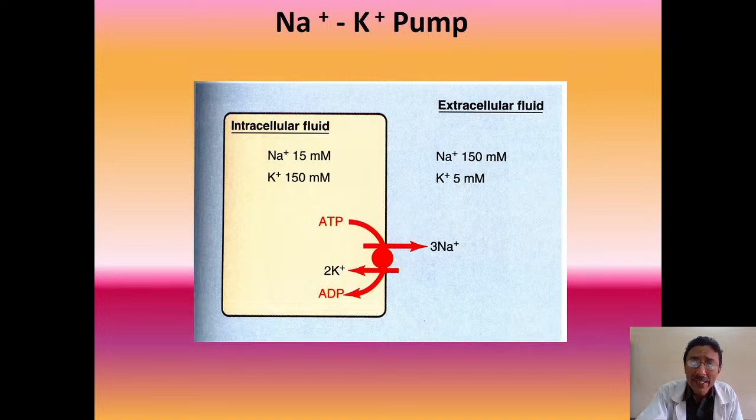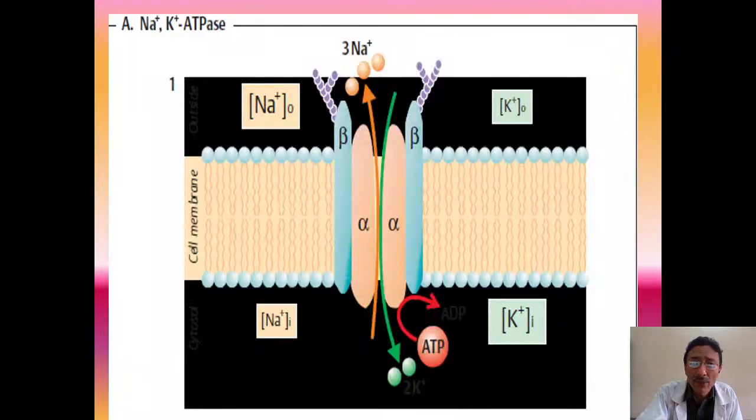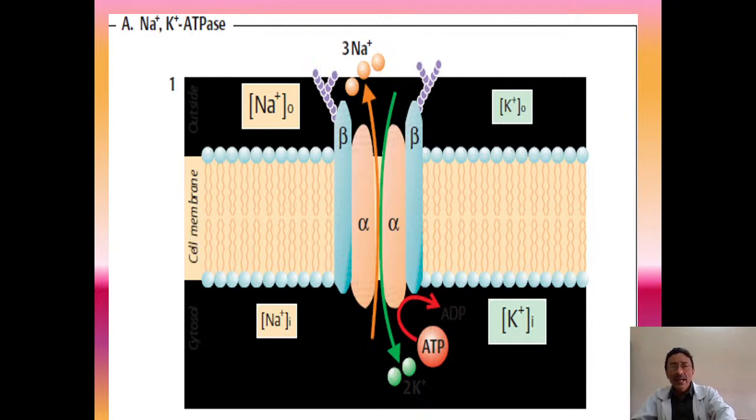Now with this basic understanding, we will go on to how this happens. If you see this diagram, this is the sodium potassium pump. It has two units, an alpha unit and a beta subunit. This is the whole of the cell membrane, and in between, a structural protein, a carrier protein, is present.